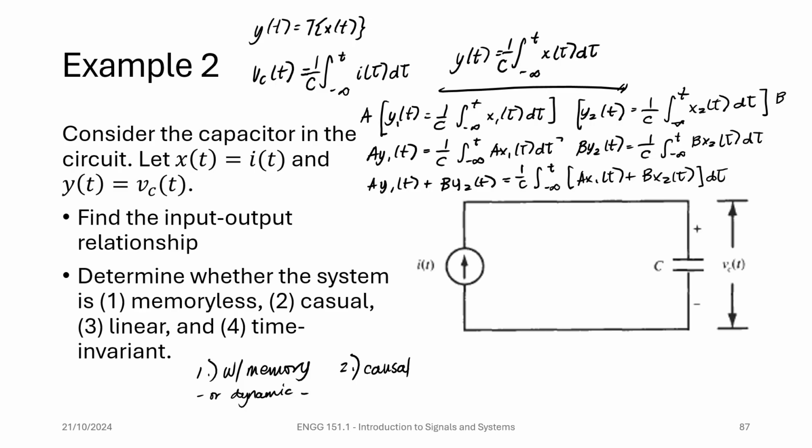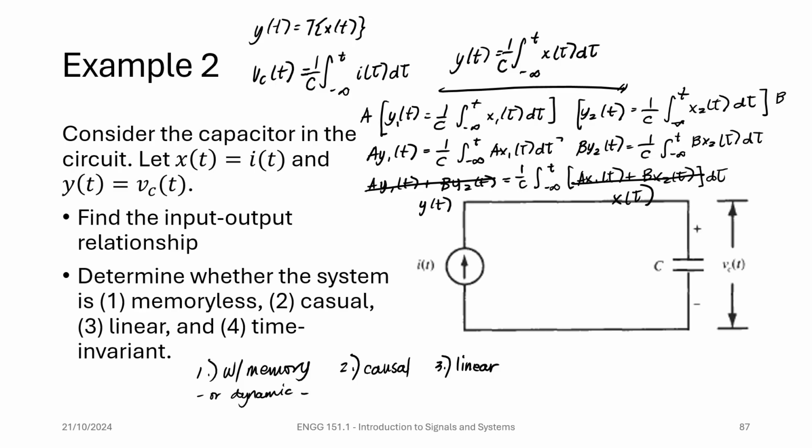Okay, so since ay1 of t and by2 of t is just y of t, and this part ax1 and bx2 is also just x of tau. Then therefore we go back to the original equation. Y of t is equal to 1 over c multiplied to the integral from negative infinity to t of x of tau d tau. So therefore this is linear. Ayan. Okay, so this is linear.